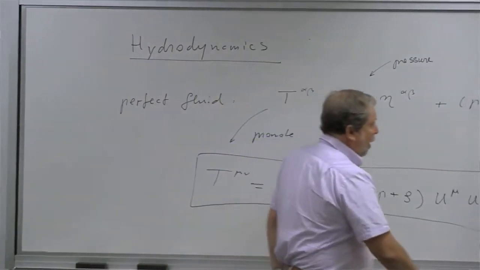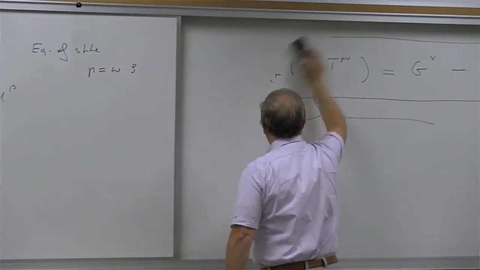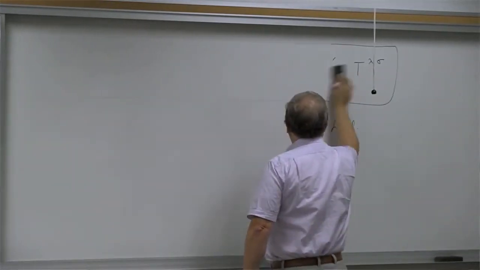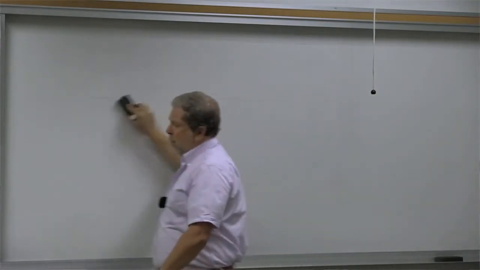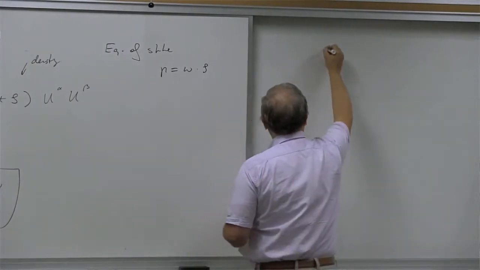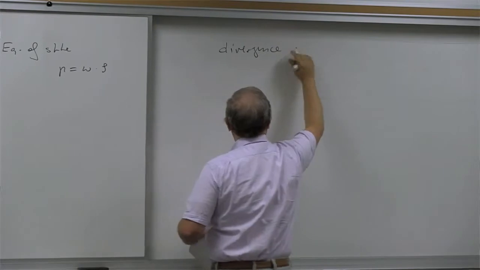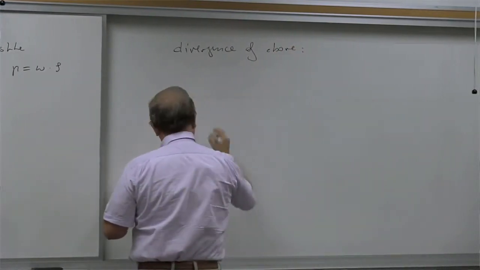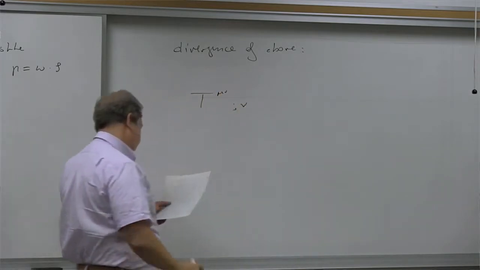So now the only other thing that we might be interested in is what is the divergence of that thing. And so again, that's a little exercise that one can carry out and see what one gets. So the divergence of the above, right? We take T mu nu semicolon nu, right?